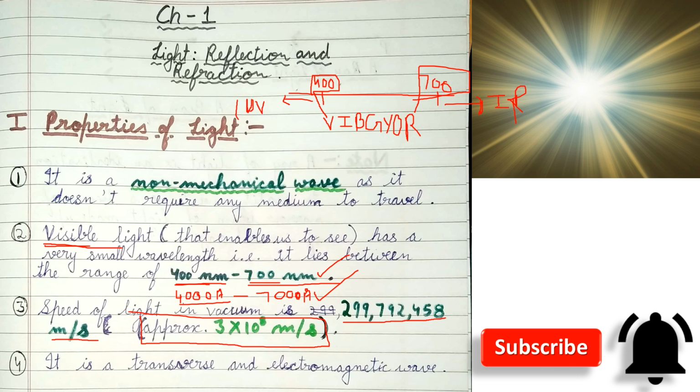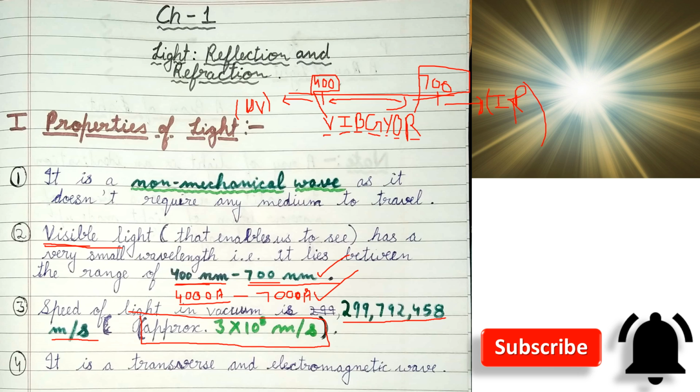UV and IR rays cannot be seen by our eyes; the visible range is just between these. The other colors like magenta are made up of a combination of these colors.